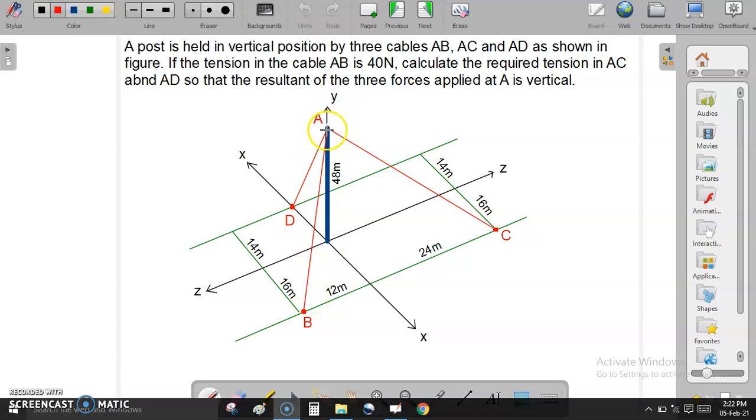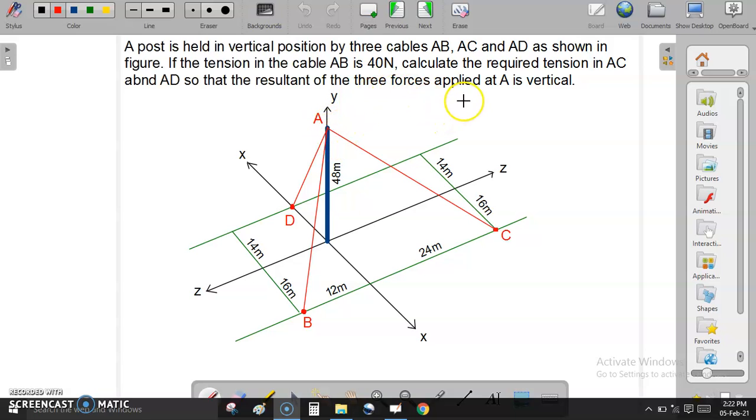So the cable is connected from A to B, also to C and D, and using these cables we are making the post perpendicular to the floor or along the y-axis.